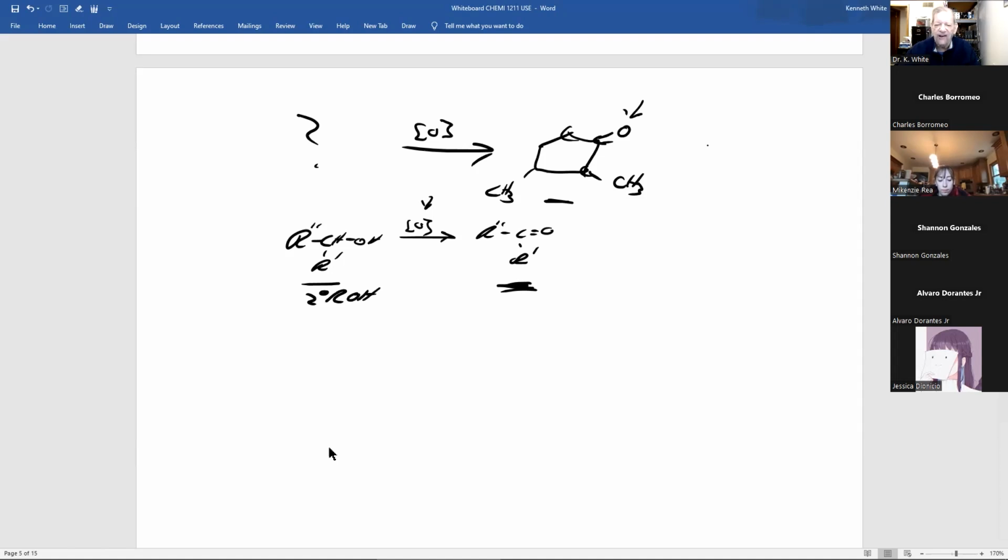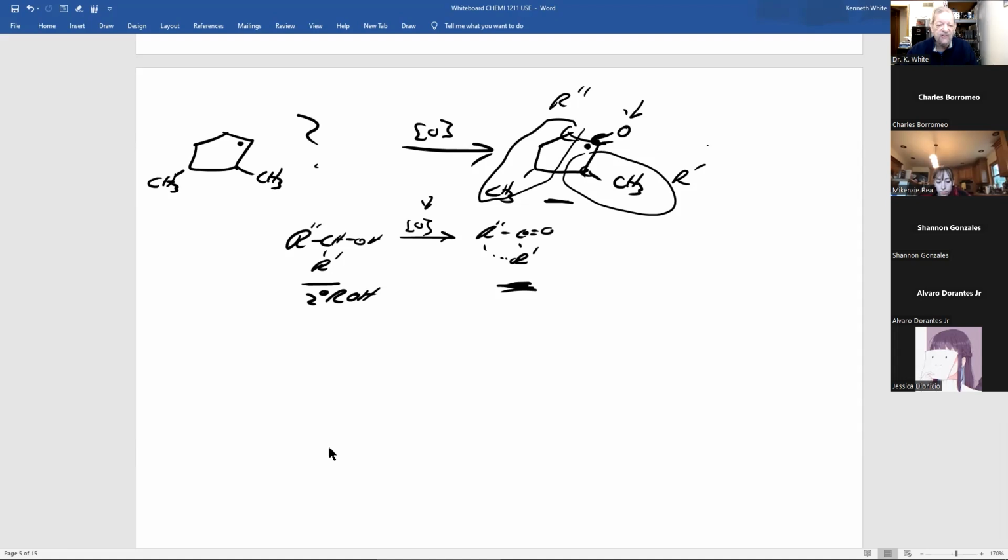Now you can say this is my R prime, and this part is my R double prime, and they're just connected together in the ring. So if I end up with a ring with this carbon, I better start with the ring with the methyl groups on it where they are. Now the carbon here is the carbonyl, the carbon with the alcohol. And that's how you do it.